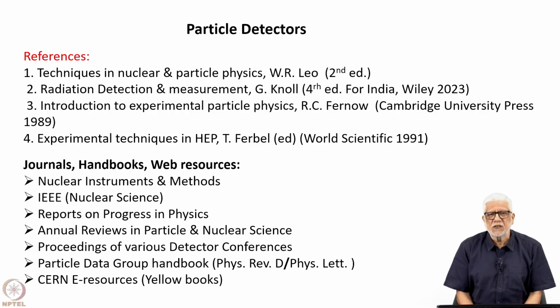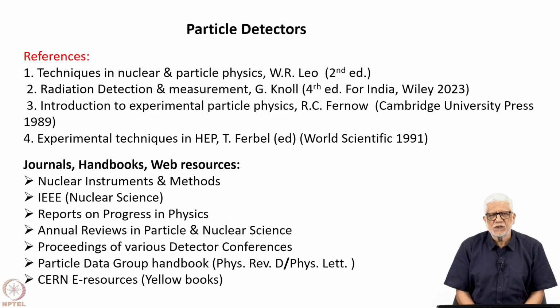Then there are also journals, handbooks, and web resources. Journals such as Nuclear Instruments and Methods, the IEEE Nuclear Science Journal, Reports on Progress in Physics, Annual Reviews in Particle and Nuclear Science. Then there are proceedings of various detector conferences.